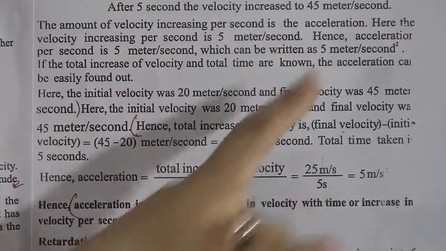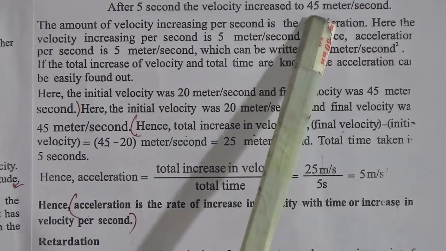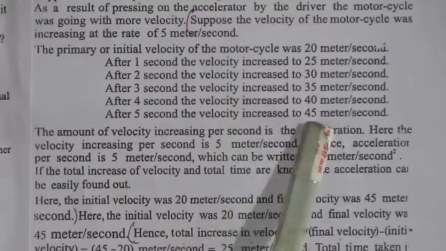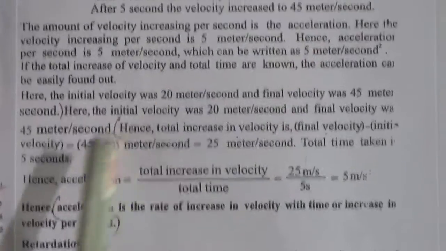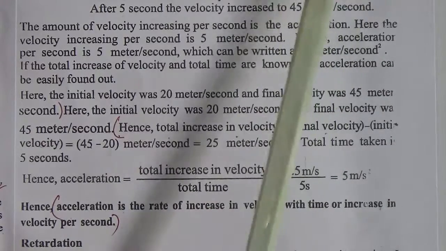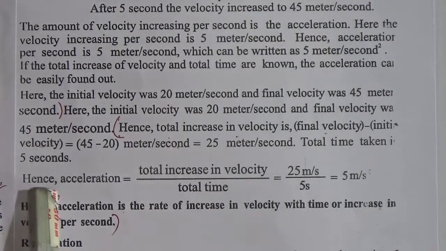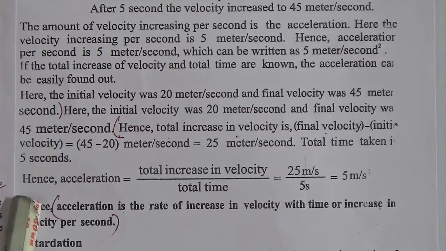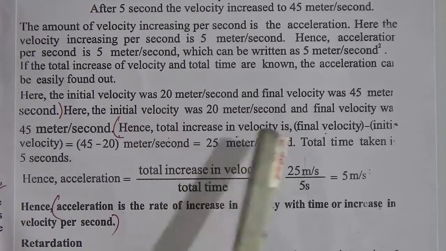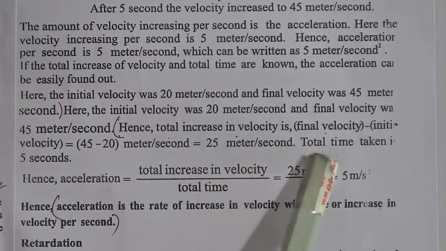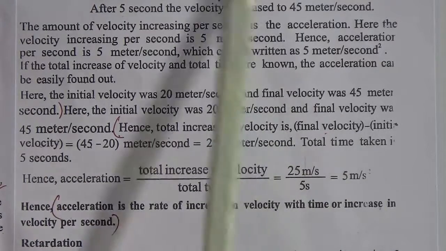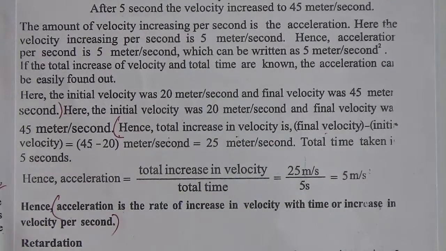The final velocity is 45 meters per second and the initial velocity is 20 meters per second. So we find the total increased velocity is 25 meters per second. The total time taken is 5 seconds.